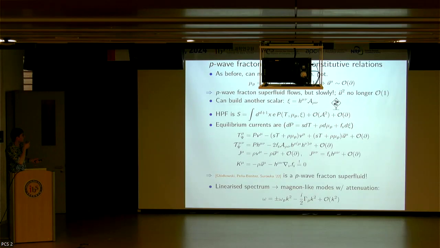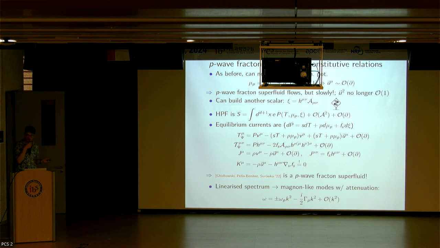This proceeds as follows. As before, we can construct a chemical potential, which is invariant under all symmetries in this way. But because of this peculiar gradient ordering of this B hat, as I mentioned, we're forced to conclude that if we want this to be order 1, the fluid velocity must be order derivative. So the Fracton superfluid can flow, but only slowly.